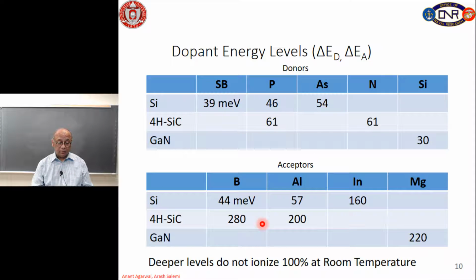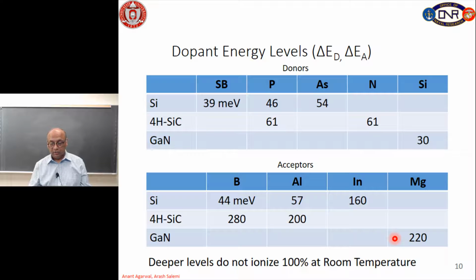And now, for silicon carbide, the problem is that both aluminum and boron are fairly deep, in the sense that aluminum is 200 milli electron volts above the valence band edge, and boron is even higher. And same problem in gallium nitride.